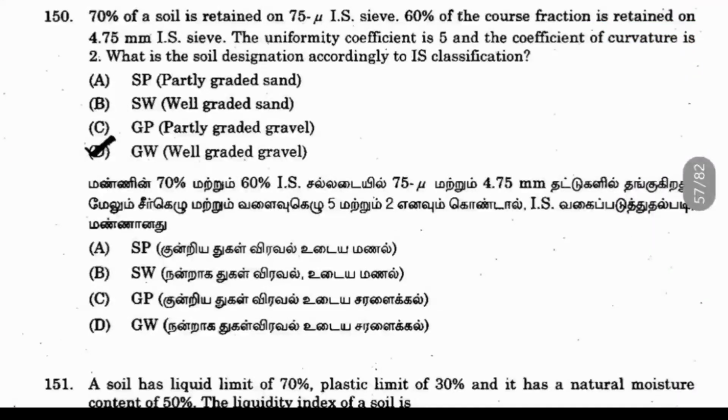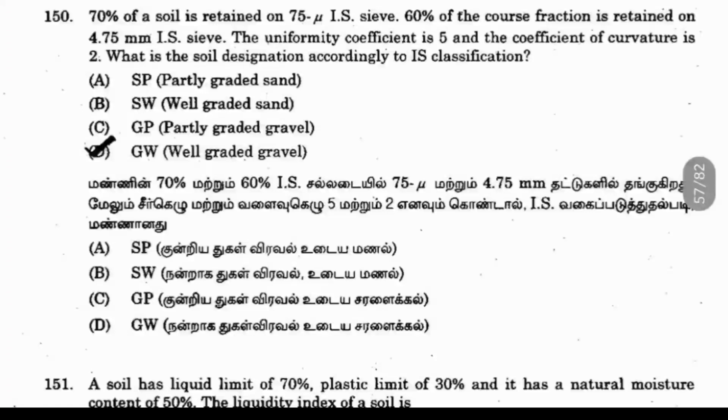Question 150. 70% of a soil is retained on 75 micron sieve and 60% of the coarse fraction is retained on 4.75 mm sieve. The uniformity coefficient CU is 5 and the coefficient of curvature CC is 2. What is the soil designation accordingly? With the values given, we want to find this. First, they have given that 70% is retained on 75 micron.